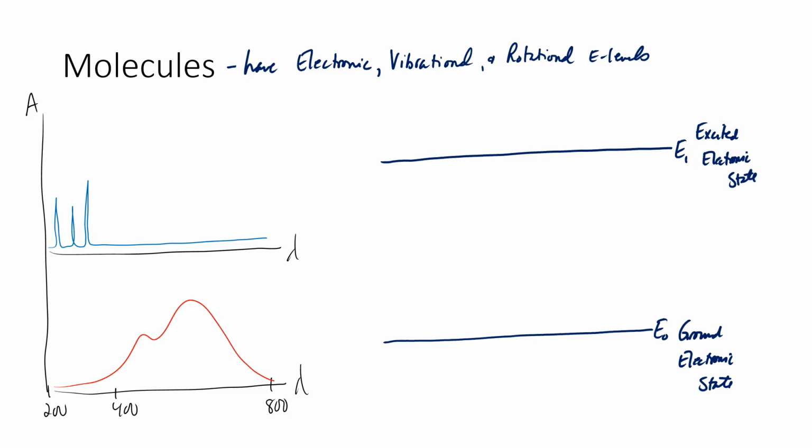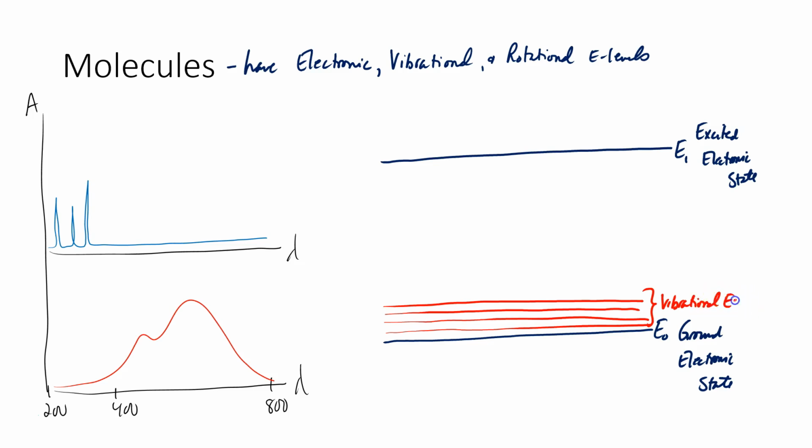So molecules, yes, they still have electronic energy levels, but where would you find these vibrational energy levels? The vibrational energy levels exist within each electronic state. So maybe I'll just draw a few here. These are vibrational energy levels, and we can also have them in the electronic excited state.